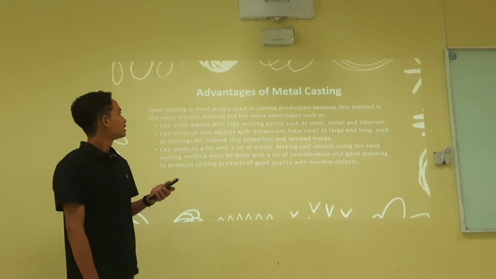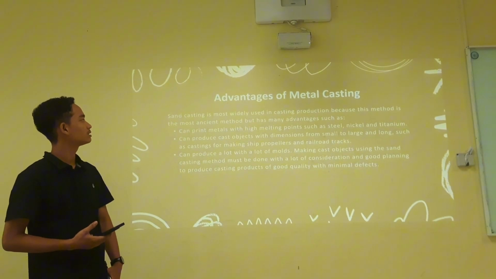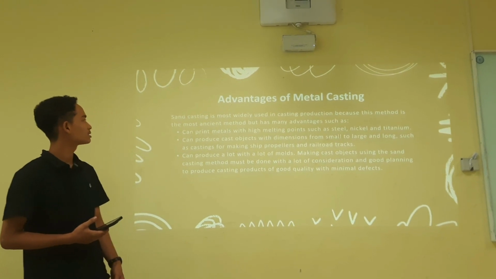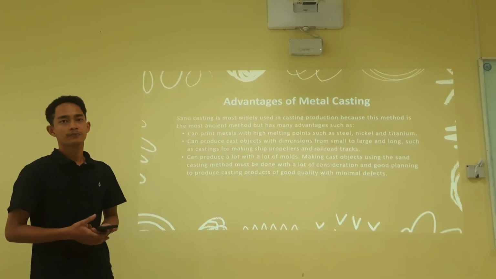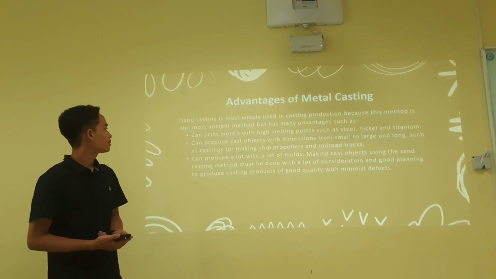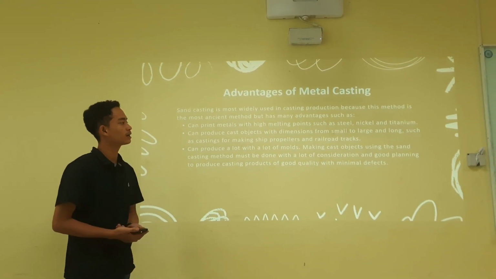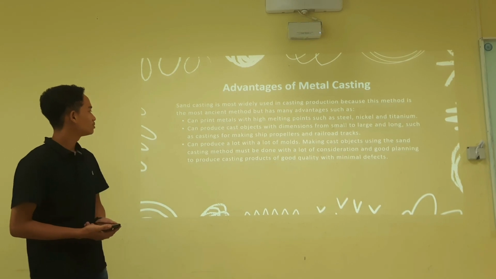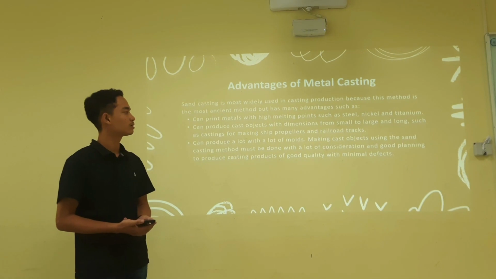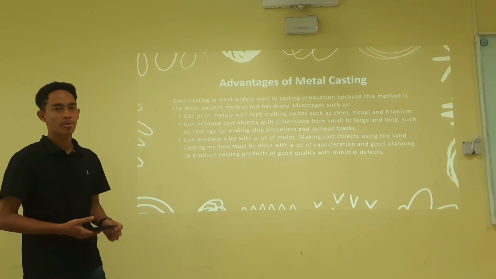Okay. Advantages of metal casting. Sand casting is most widely used in casting production because this method is the most ancient, with many advantages such as: number 1, it can cast metals with high melting points such as steel, nickel, and titanium. 2, it can produce objects with dimensions from small to large, such as casting for making ships, propellers, and railroad tracks.